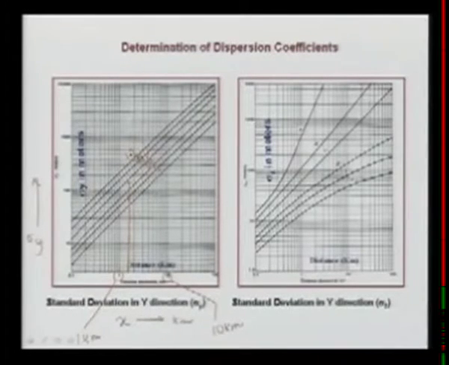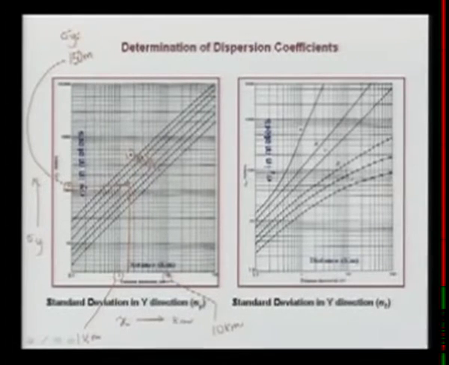So this is my C graph, and then I can read this value. It may not be very clear to you, but this number, if I read it exactly, comes out to be 150 meters. So I have been able to find sigma y equals 150 meters.